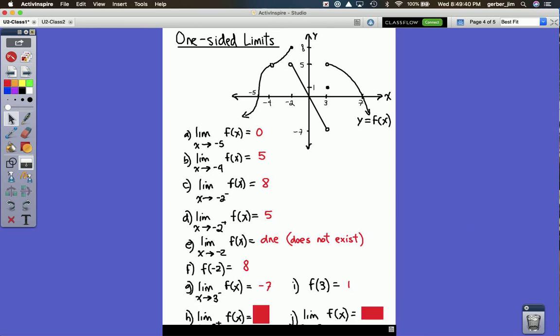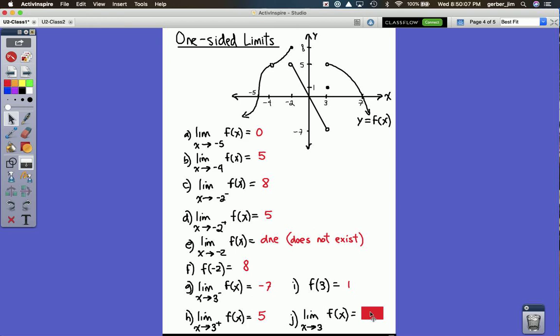And finally, I look at the right-hand limit of f at x. As x approaches 3 from the right, f at x is approaching 5. And so this is going to be a 5. And what would the limit as x approaches 3 be? Well, again, because when I approach 3 from the left, I'm getting -7, and when I approach 3 from the right, I'm getting 5.